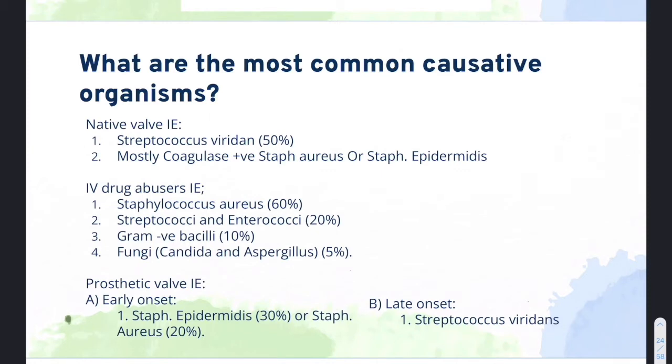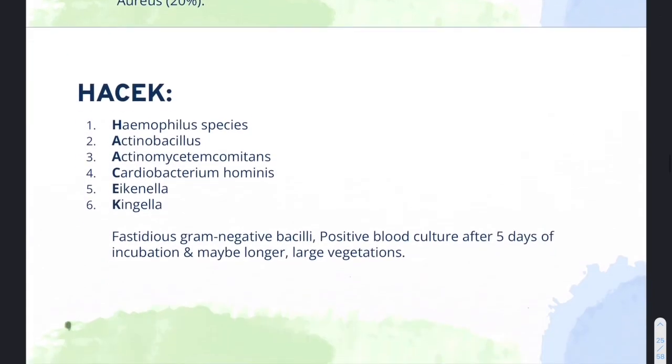If the patient presented with endocarditis but all blood cultures are negative, it's more likely because of the HACEK group. What are these? HACEK are fastidious gram-negative bacilli, with positive blood culture after 5 days of incubation, and might take longer. They would have a large vegetation.